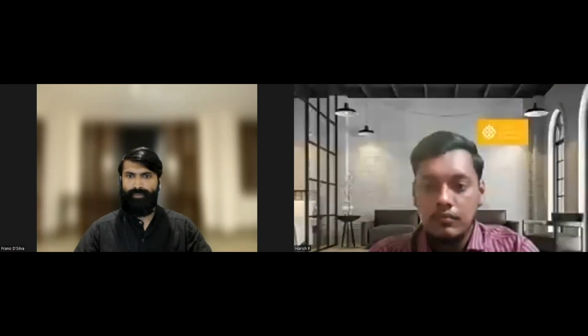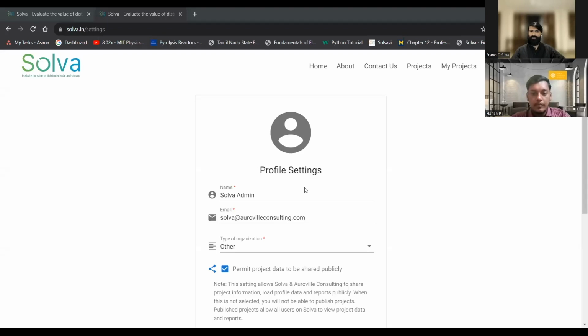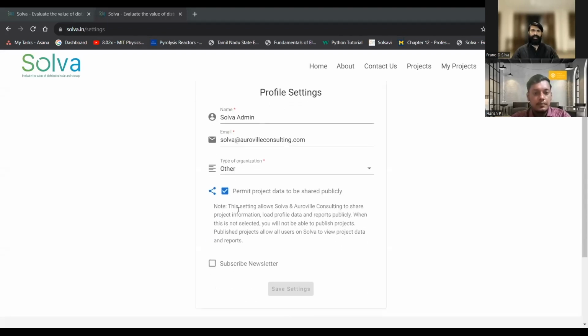So let me just share the screen again. I hope the screen is visible to you. So as you can see, this is my profile setting. This is the Solva admin profile setting. And I can click here and see "permit project data to be shared publicly".